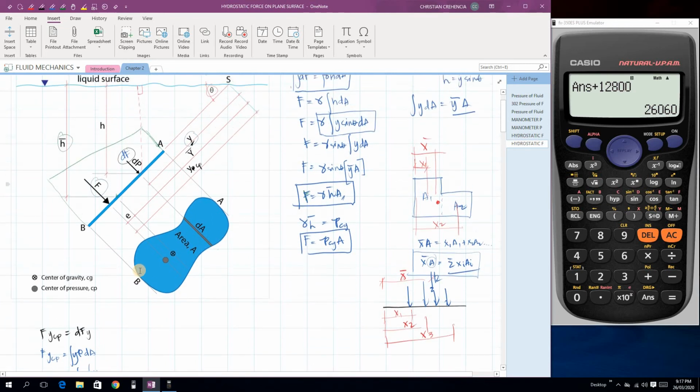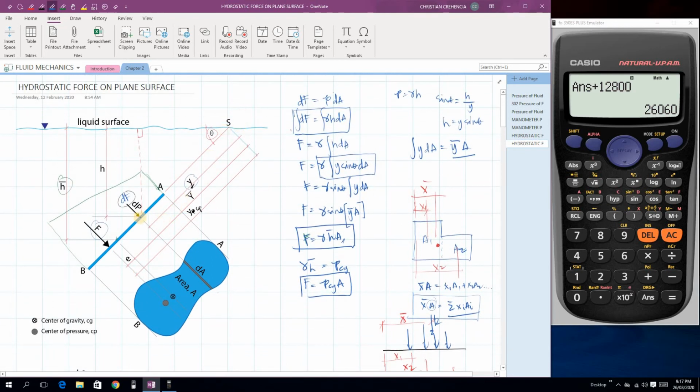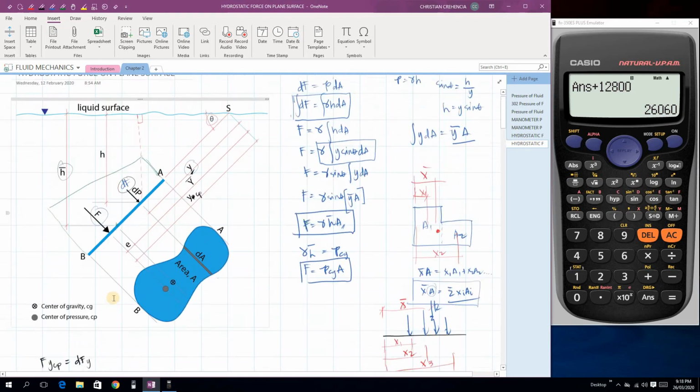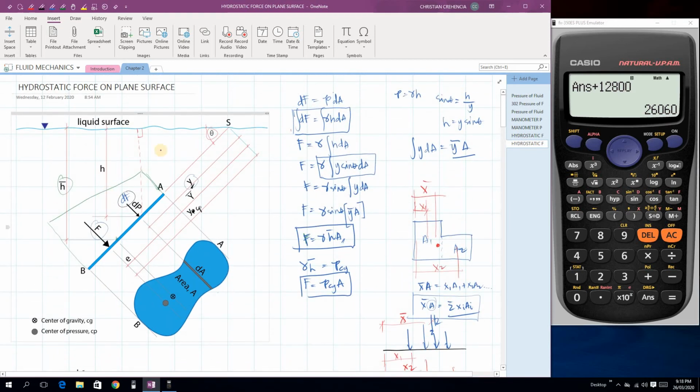Okay, so again, ito yung location na kinoconsider natin with distance y from surface, liquid surface. Then, vertical distance naman natin or yung depth natin is h. So, gamma times h is yung pressure. Okay, so yun yung pressure natin times the differential area. But again, from this figure nga, yung h natin is equal to y sine theta.